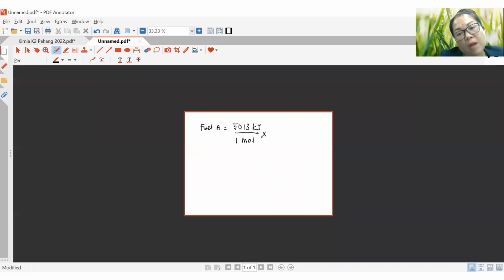It is gram over mole, if I'm not mistaken.